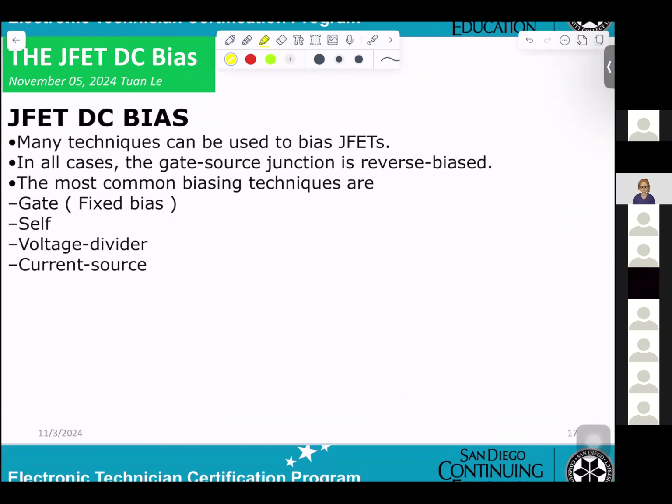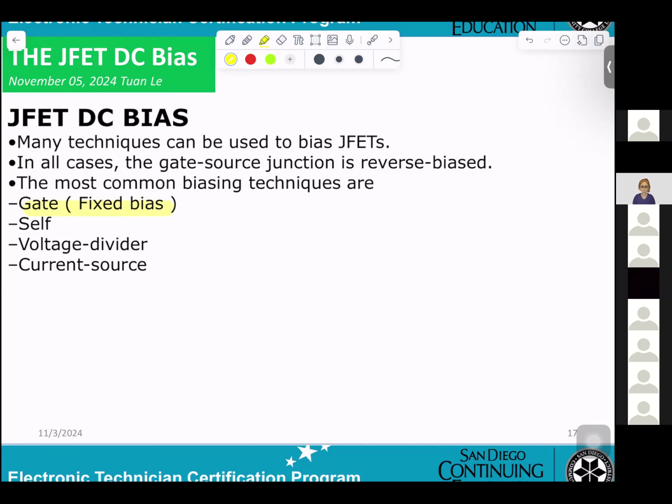JFET DC bias. Okay, they say many techniques can be used to bias JFET. In all cases, the gate source junction is reverse biased. The most common bias technique, first one, gate fixed bias.